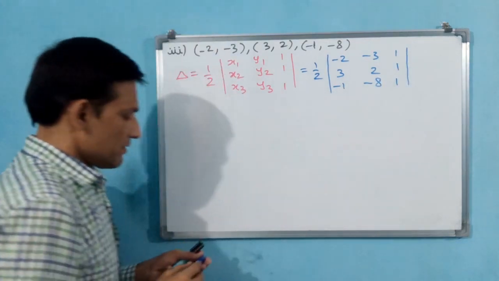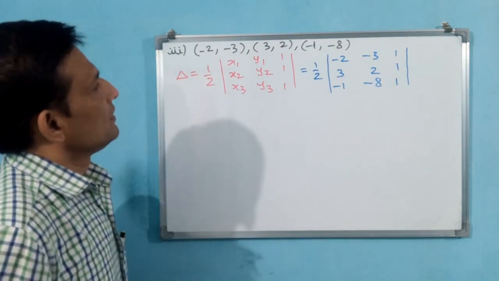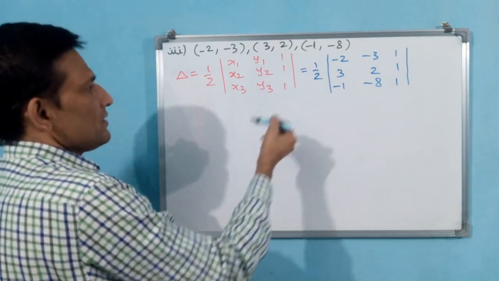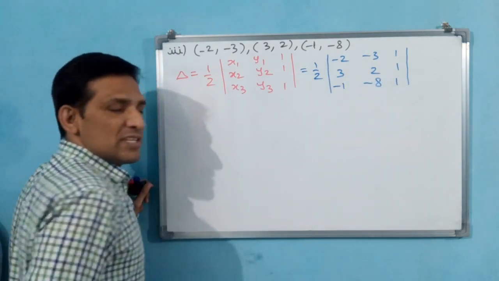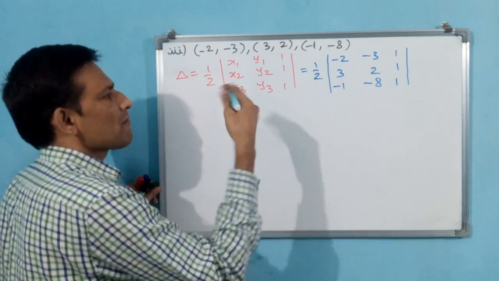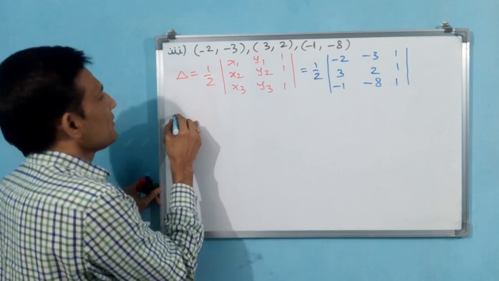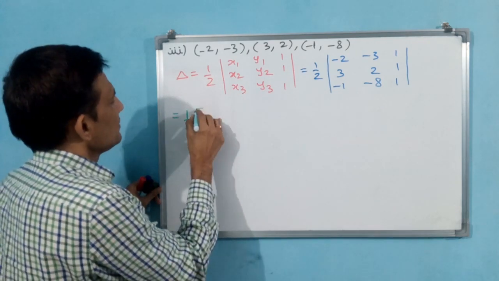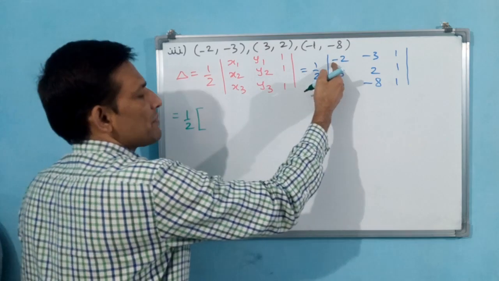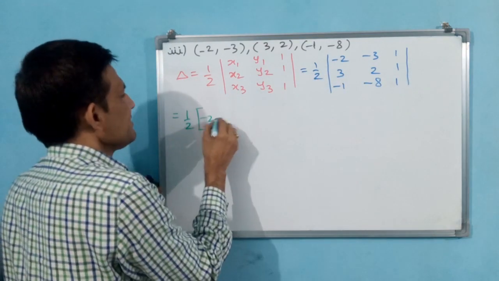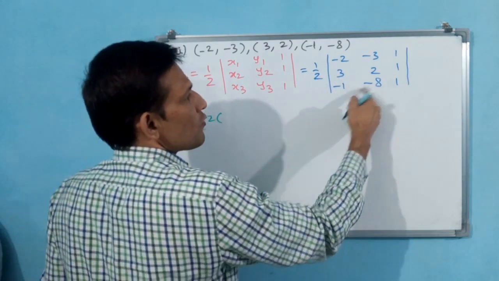Is it okay? Definitely okay. Then you expand. See here also no 0 is there. Then any R1 or R2 or R3, whatever it may be, you can take and expand. I am taking this R1, minus 2 into 2 plus 8.